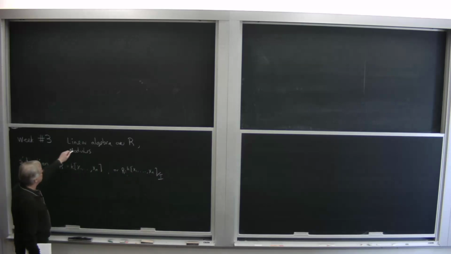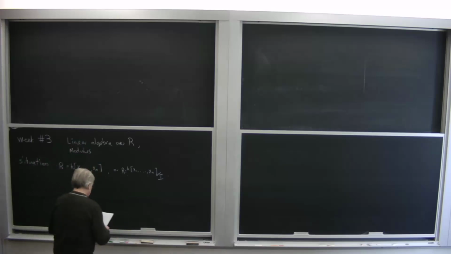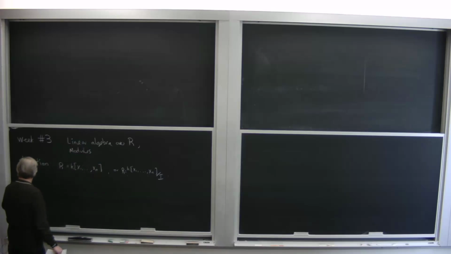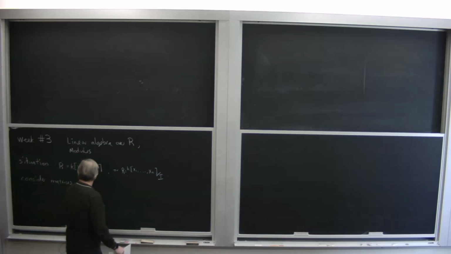But we're going to be interested eventually in also thinking about other rings and how you might do linear algebra in these things as well. So we're also going to consider matrices. I'm going to write a matrix as a map R^B to R^A.